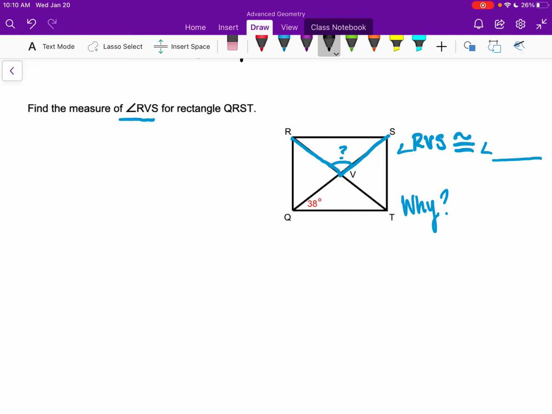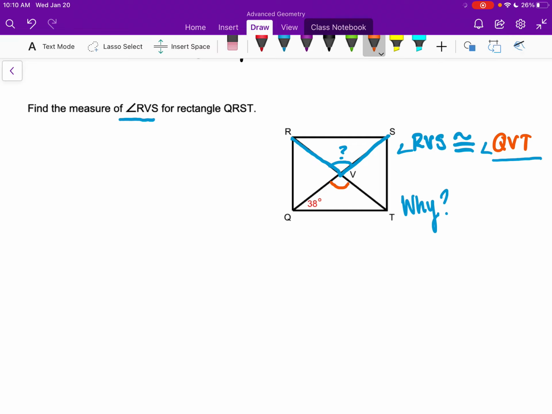And that's not even part of the triangle that we're looking for within this rectangle. So let's dive in. My hint to you is, angle RVS is congruent to what angle? If you said QVT, you remember what vertical angles are, which is our reason why. They are vertical angles, so they are congruent.